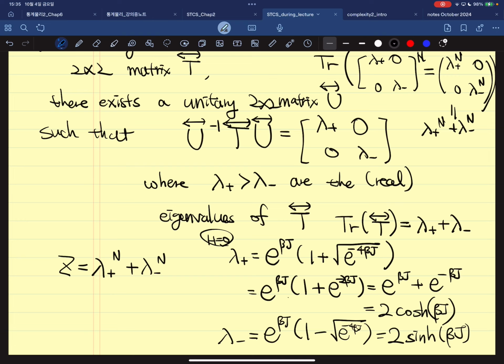So it will become twice hyperbolic cosine beta j to the nth power, and this one.